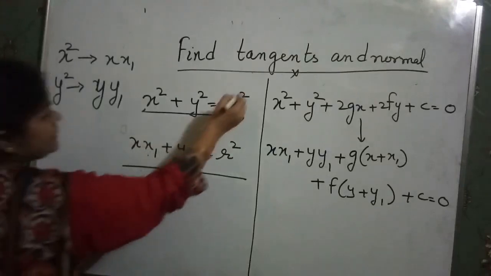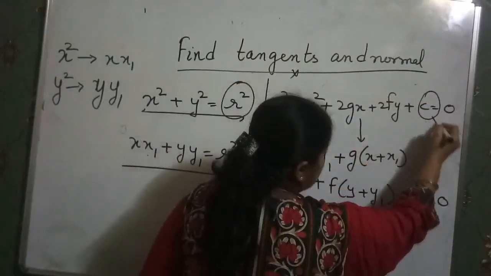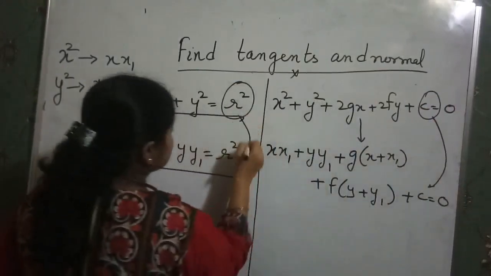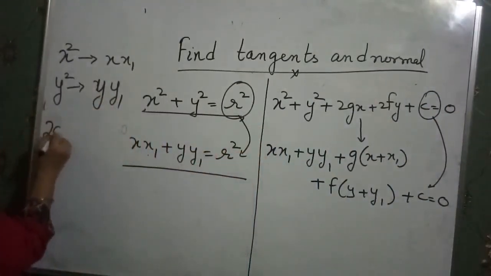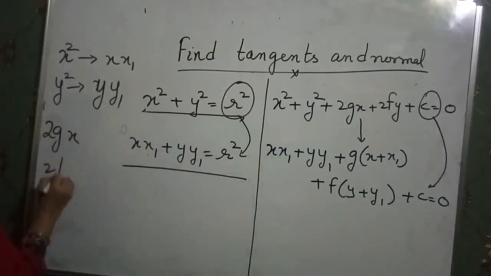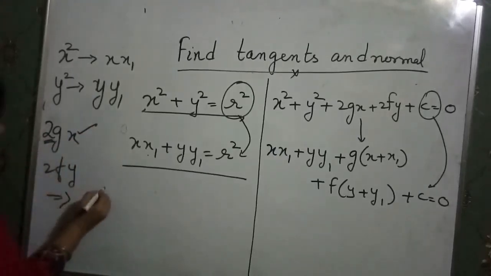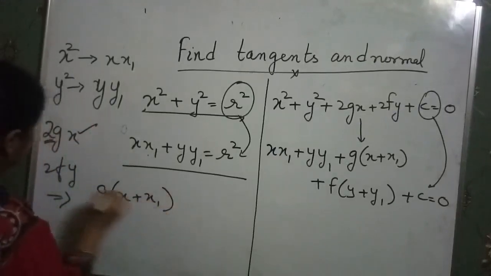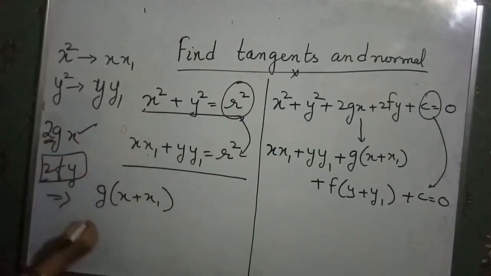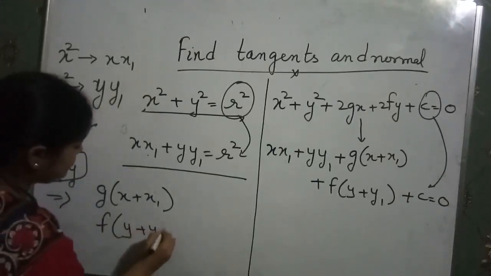And r square and the c, which are the constant values, we just put as they are. Clear? Now for 2gx and for 2fy, what do we write? For 2gx we just divide by 2 and write g (x plus x1). And similarly for 2fy we write f (y plus y1).